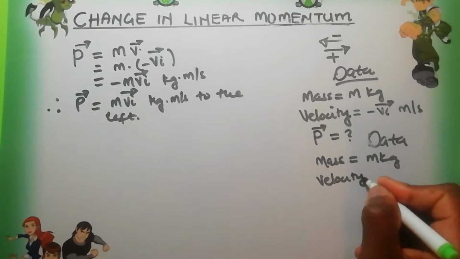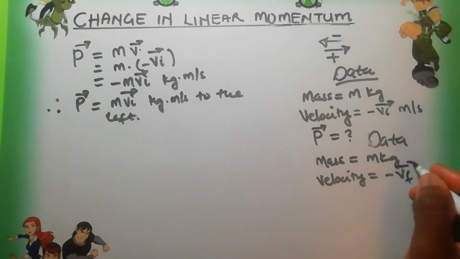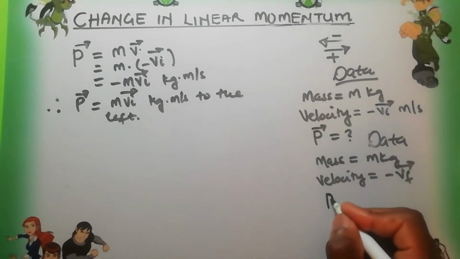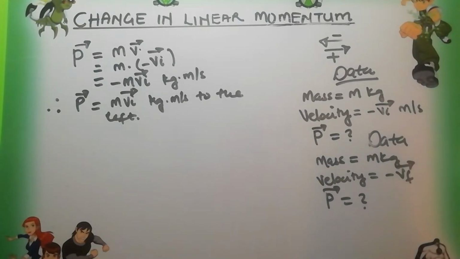Velocity of the truck is negative vf, because remember they said calculate the momentum of the truck in terms of m and vf. So obviously we are looking for the momentum of the truck.